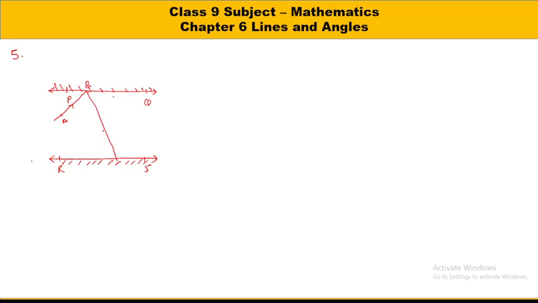The light gets reflected in such a way that it passes through to the mirror RS and gets incident on the point C. From there again a reflection will take place. It moves towards mirror PQ. So here point D is given.